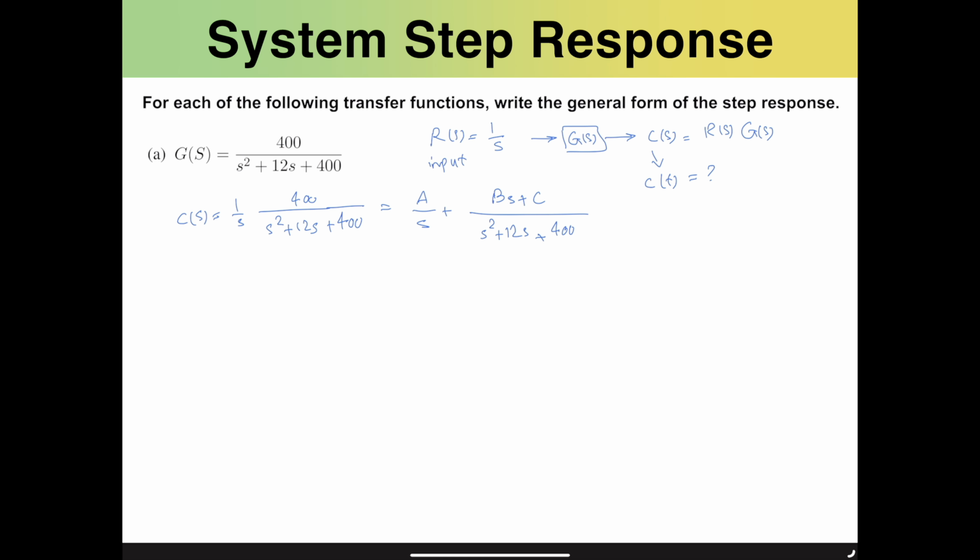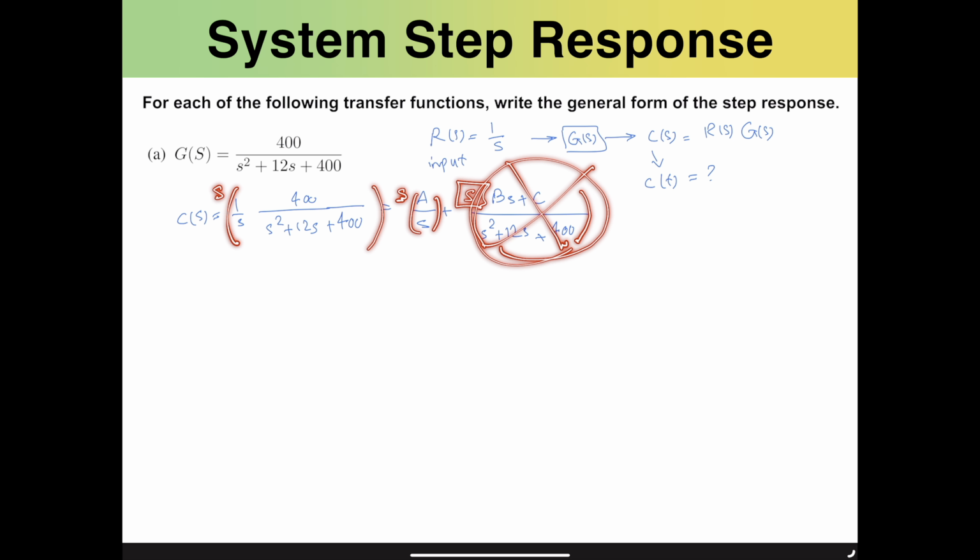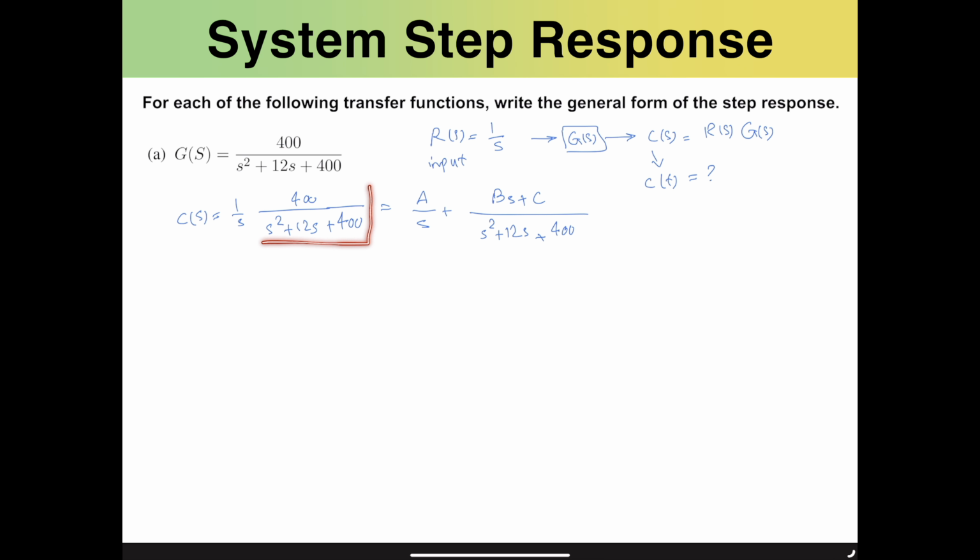And if I do so, this second term is going to be multiplied by s as well. Similarly, the first part is going to be multiplied by s, and this term is going to be multiplied by s. At the very end, if I replace s to be 0, in the second term, where I don't have any s in the denominator, I can easily get rid of this secondary term because it's going to be multiplied by s, which is 0. And the first term is going to be calculated only for this part at s equals 0. So that would lead me to find A much more easily.